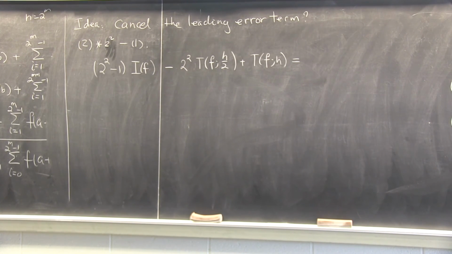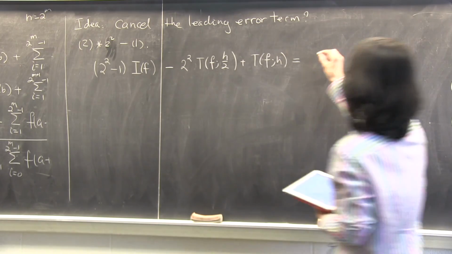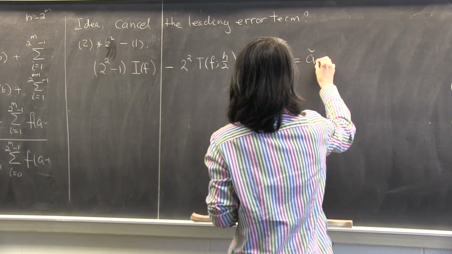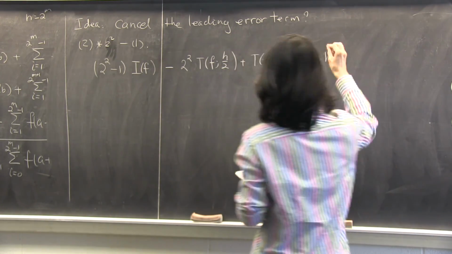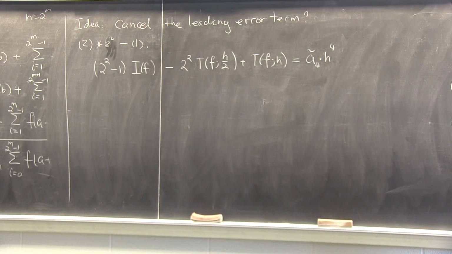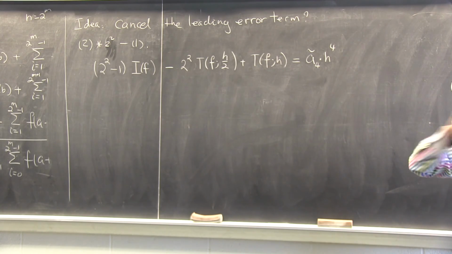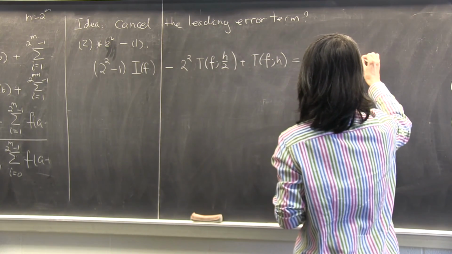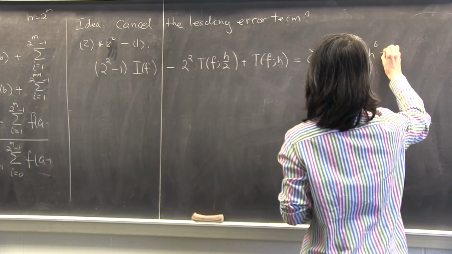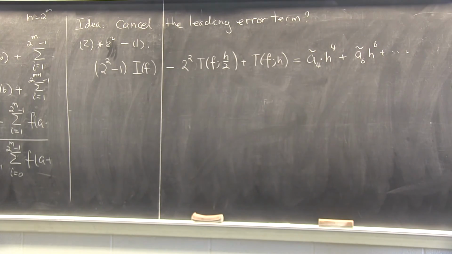It's some number times h to the 4th, a4 over 4 times h to the 4th, resulting in 3/4 of a4 h to the 4th. But it's some constant times h to the 4th, so I'll denote this as a tilde 4 h to the 4th. I don't specify what exactly it is. It depends on a4 in some way. It's a new set of constants. And then I will have a6 h to the 6th, and so on. These are just another set of a's.